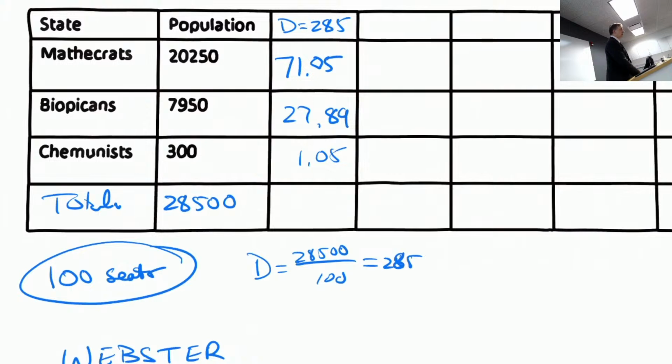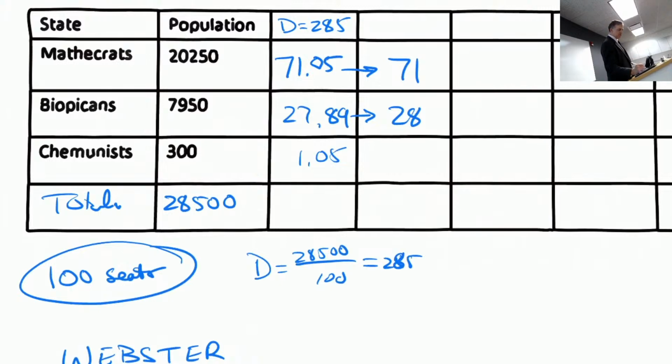So remember, what we're going to do is we're going to round the normal way. That means that this guy, the mathocrats, they round down because 0.05 is less than 0.5. The biopticians, they round up because 0.89 is bigger than 1/2.